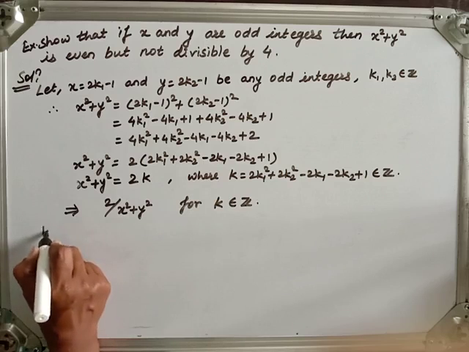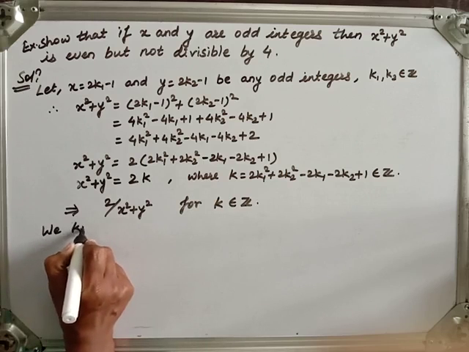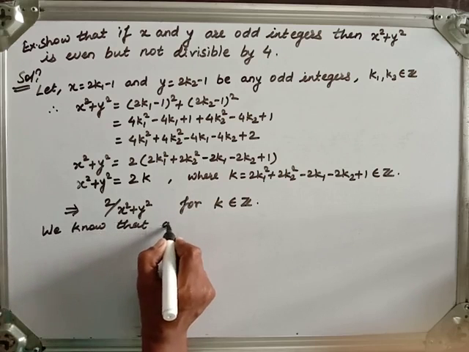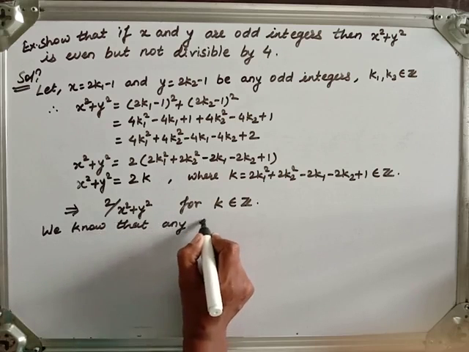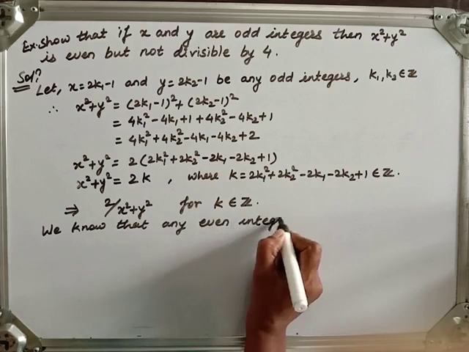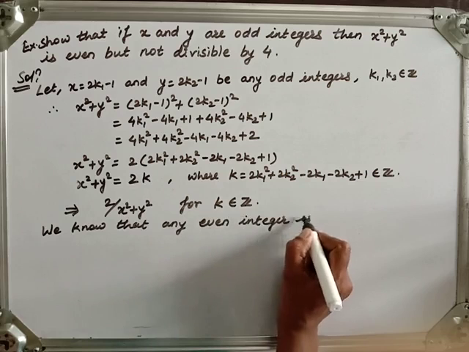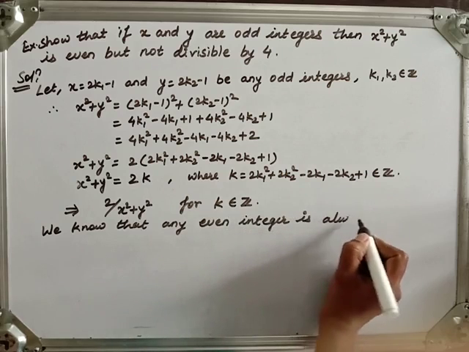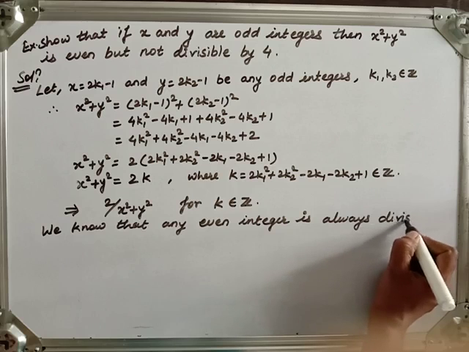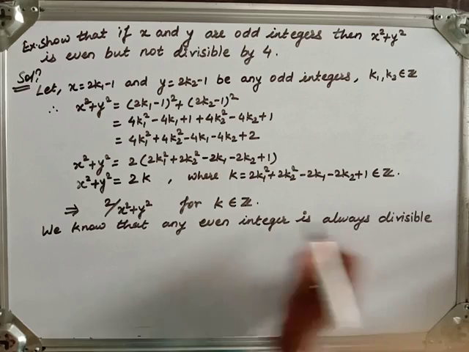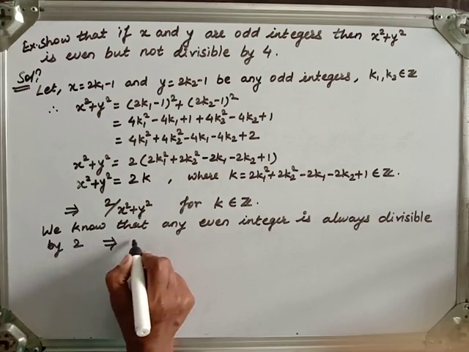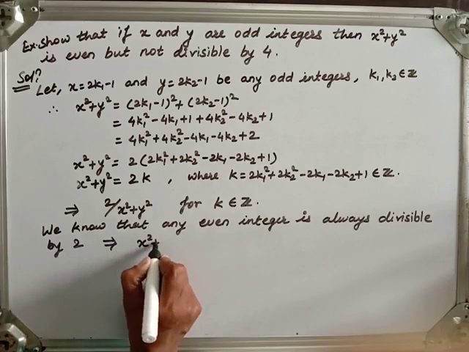Now we know that any even integer is always divisible by 2.